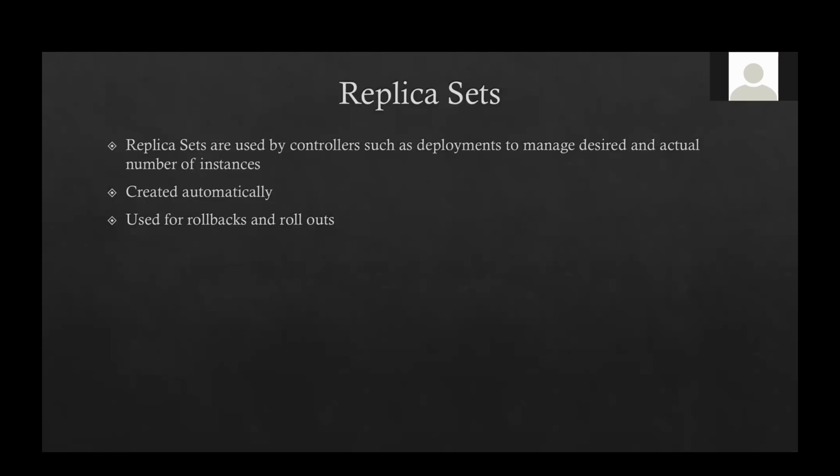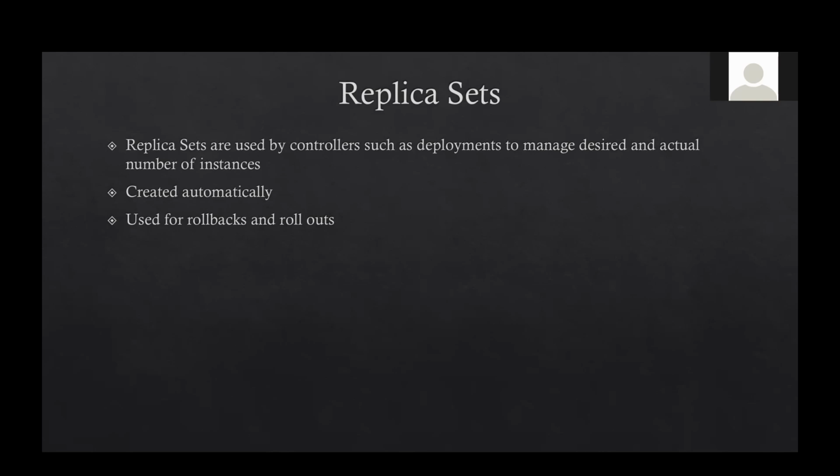And that is where replica sets play a key role, because the way deployment does it is it creates a replica set of V2 with 0 pods, and the replica set of V1 has 3 pods. Then when we roll out, it creates one replica in the V2 replica set, and reduces the replica count from the V1 replica set by 1.